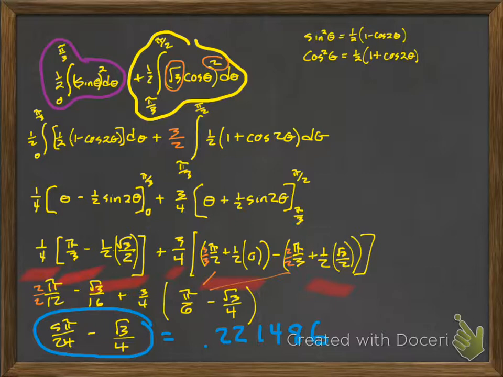And we get 5 pi over 24, which came from the pi over 24 is 3/4 times pi over 6, and that 2 pi over 2 times 12, or 24, we can put those together. And then I put my radical 16s together after I distribute the 3/4. And if you noticed a little while back, I simplified that. I had 4 radical 3 over 16. And then I just simplified those, cut that down, and made a radical 3 over 4. Same result as I had before with the calculator, but this one's all done up and pretty.